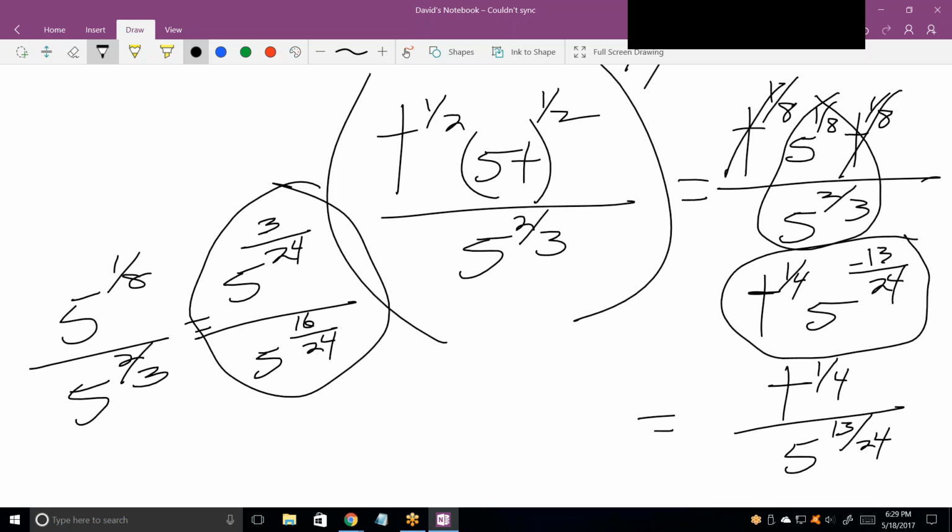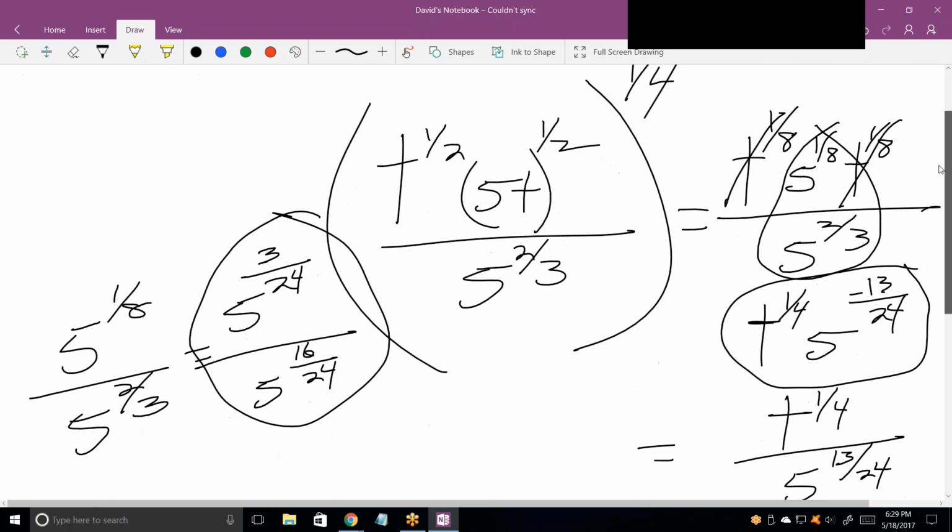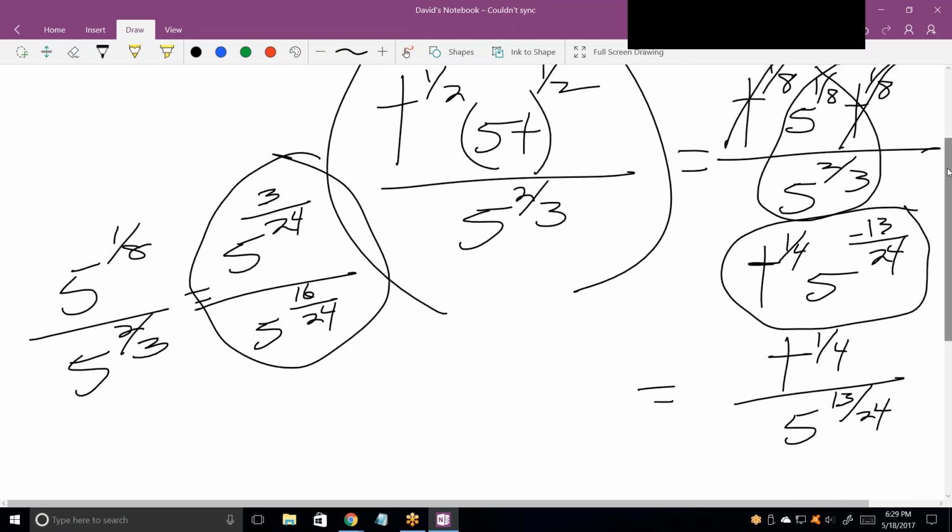I also would normally say that if they give you the problem with a radical sign, you should give them the answer with a radical sign back. But they mixed it up on you. They gave you a problem that had a mixture of radical signs and fractional exponents. So I can't really say that they would want an answer back in radical form.